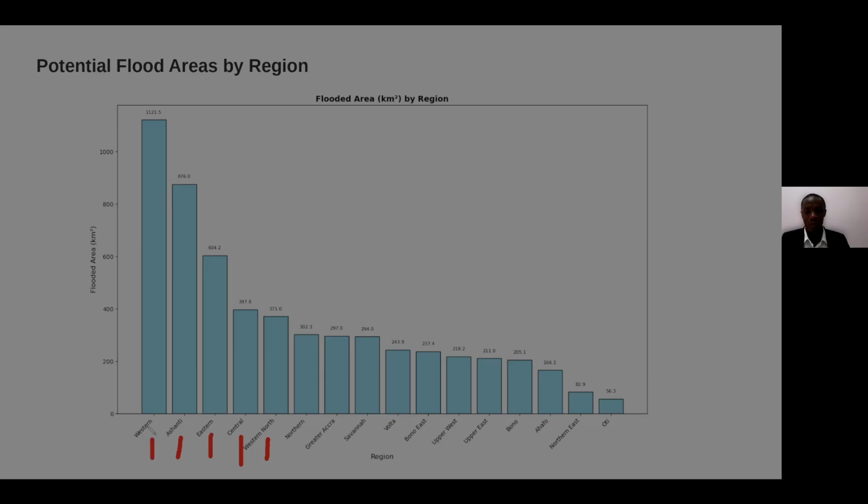So there is so much flood occurring in Western region, and this is even much higher than that of Greater Accra, probably because of the smaller size of Greater Accra as compared to the other regions. The other regions have almost the same area of flood. However, Northeast and Oti regions have the smallest amount of flood for the period considered.